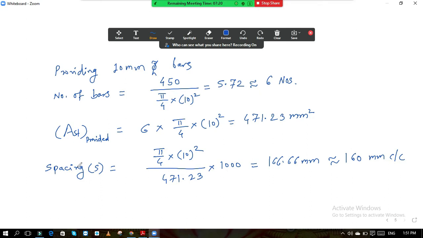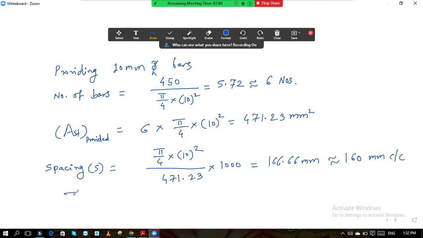So if the same quantity of steel we need to provide on both the spaces, then what we will do, 50% we will provide on one side, 50% on the other side. So generally we will double the spacing. If you double the spacing, then naturally the same steel will be provided on both the spaces.